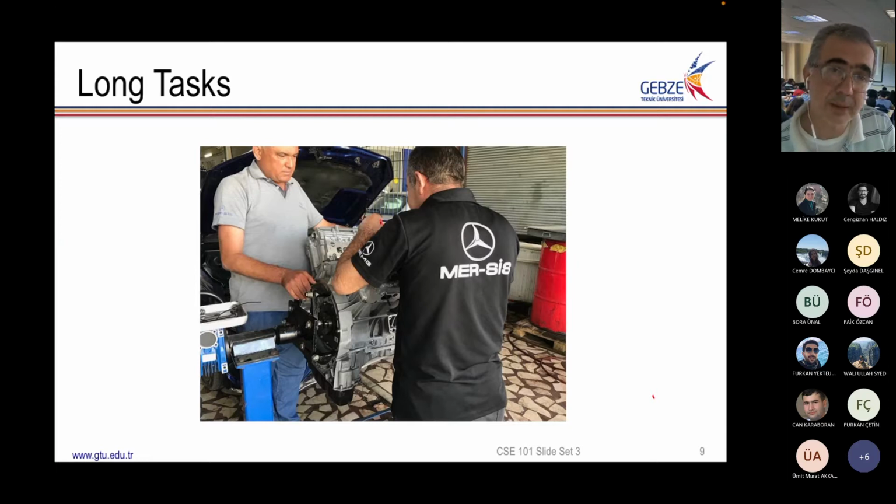So you can either say first come, first serve, or you can look at the task briefly and make an estimation based on rules. For example, if it is a paint job, it's going to take 2 days. If it's a tire thing, it's going to take 1 hour. If it's an engine thing, it's going to take 2 days or whatever. So you can make estimations based on rules.